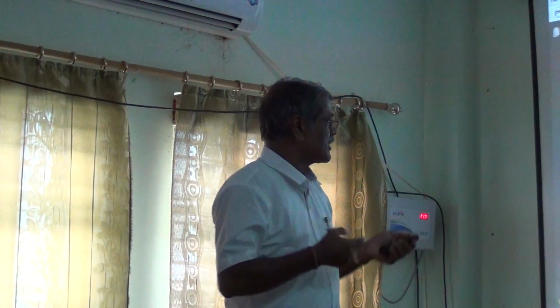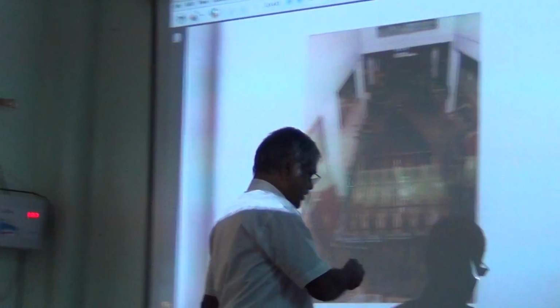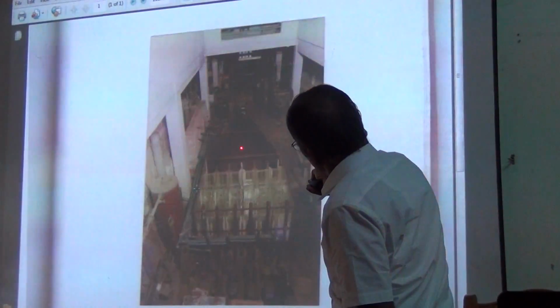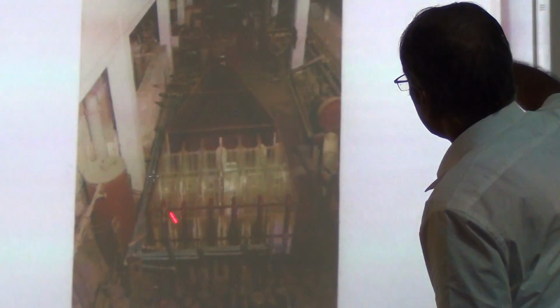For open channel flow, see here, this is the passage of water. It comes down to chambers 1, 2, 3, 4, 5, 6 chambers. They are physically isolated. And then here you have the sump, and you see the pipelines going inside.